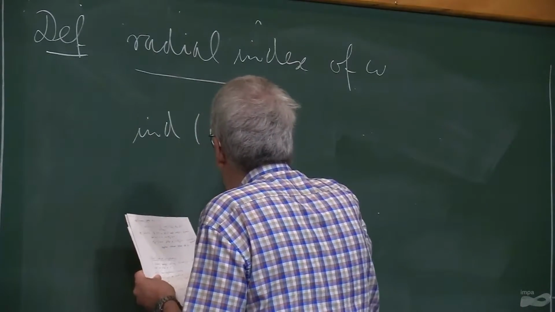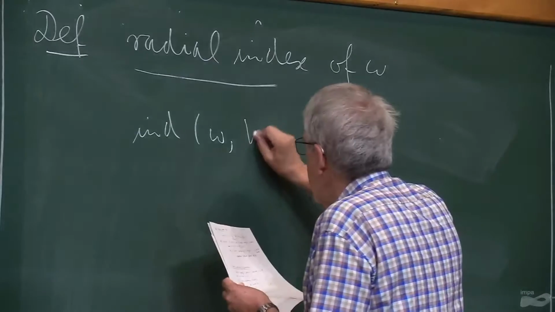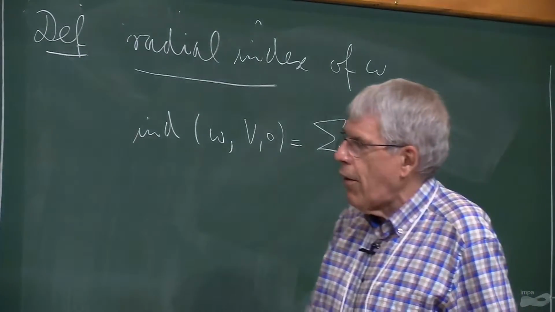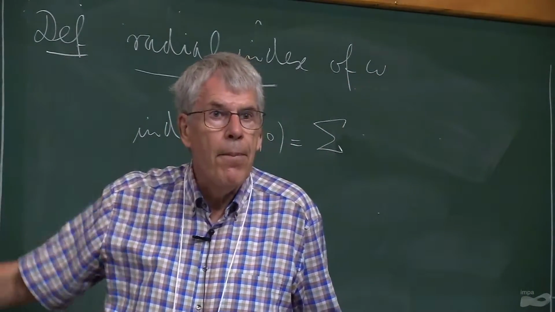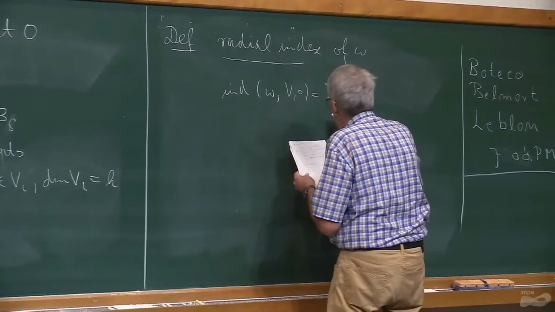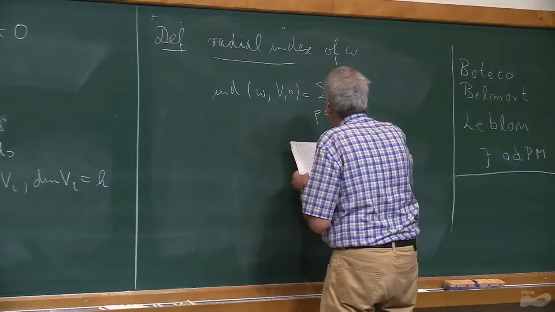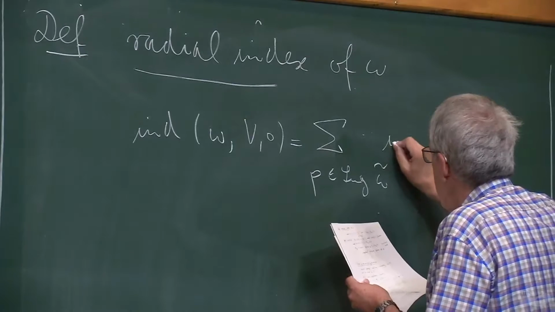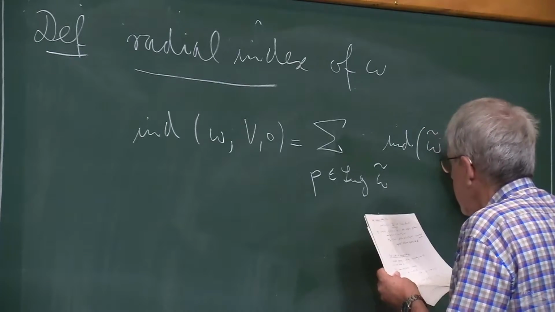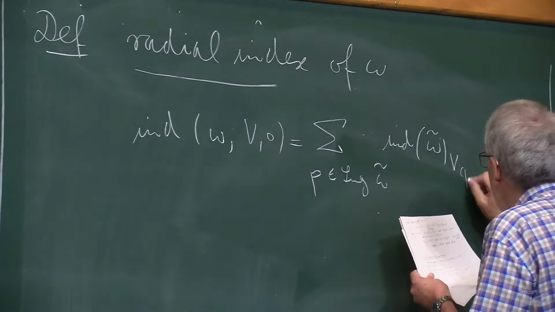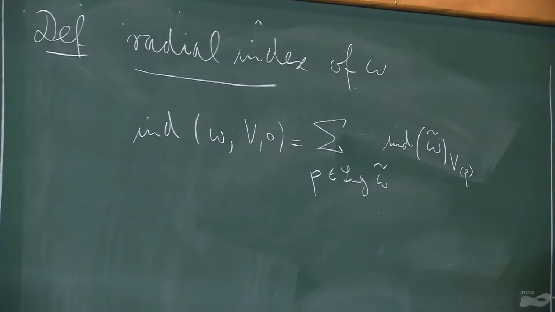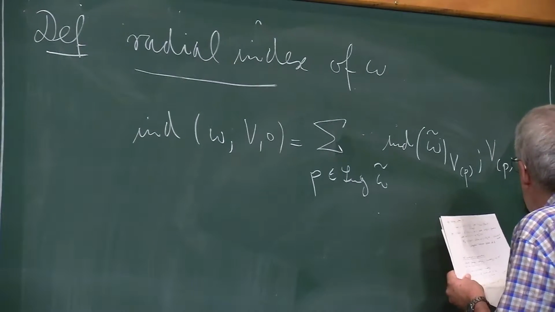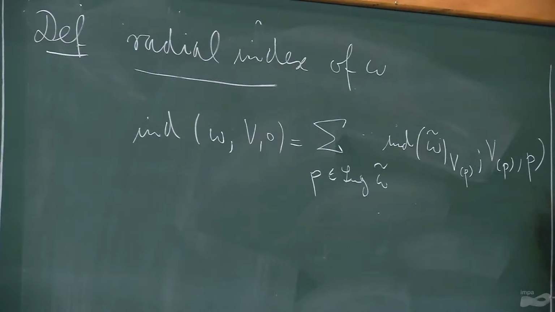It is denoted by the index of omega on V, 0. We simply take the sum over the singular points of this perturbation omega tilde of the usual indices of omega tilde restricted to the smooth stratum Vp. So this is a smooth stratum, and we consider the usual index on the stratum Vp.